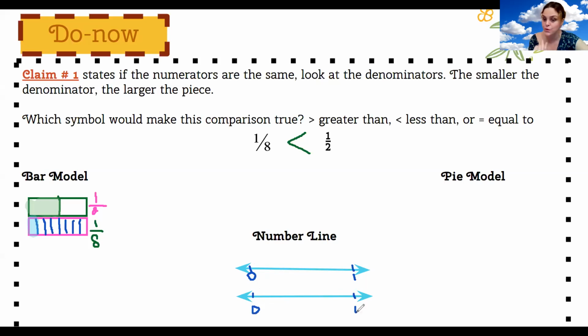Remember that you're doing this along with me so that you have different representations, different models, to compare 1/8 and 1/2, okay? So let's start by doing a half first. Half is going to be easier for me to represent on the number line. That just means I'm going to cut it down the middle, and this is going to be the same as 1/2.